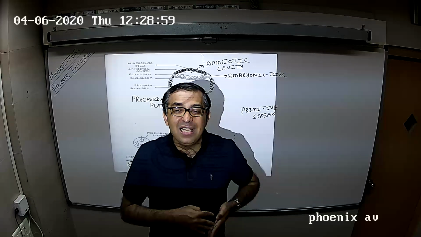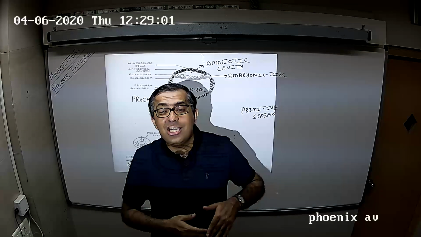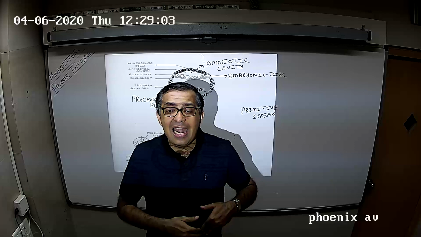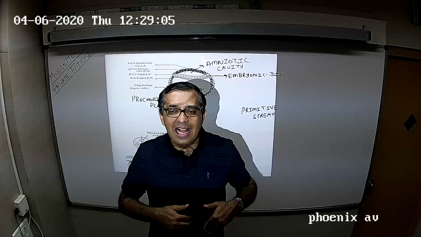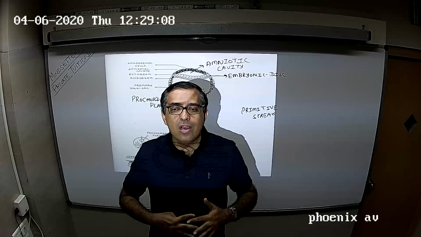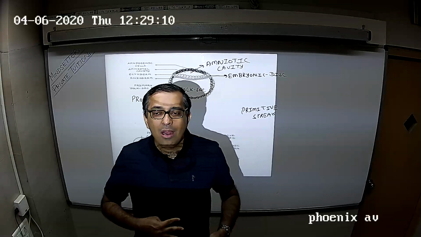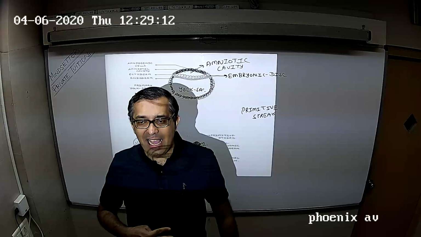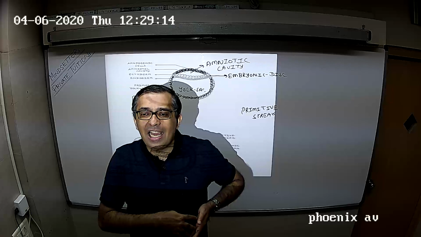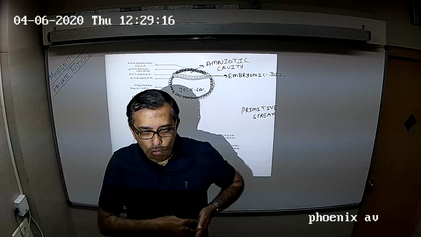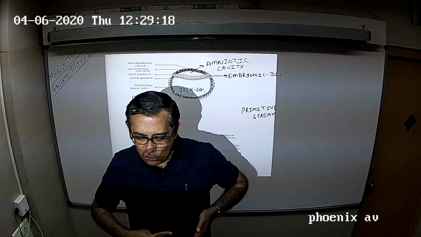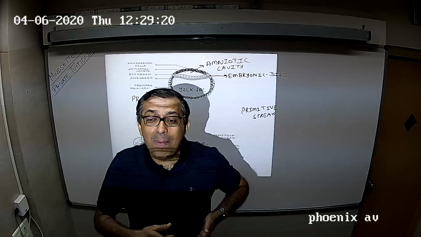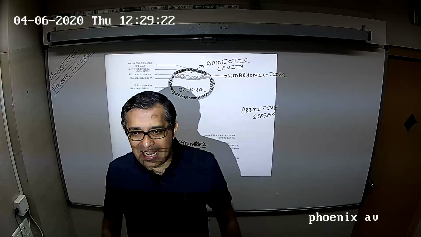Implantation takes place from the 7th day to the 12th day, and embryoblast cells form three layers: ectoderm, mesoderm, endoderm, till the 15th day. So implantation by the trophoblast and gastrulation take place simultaneously.